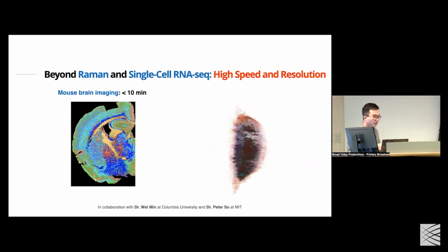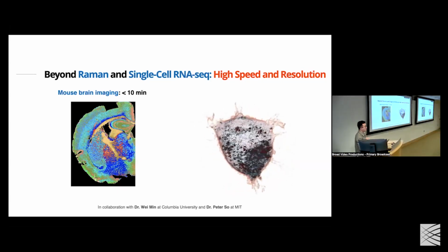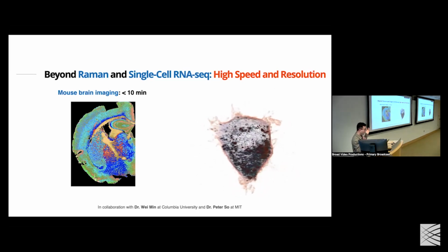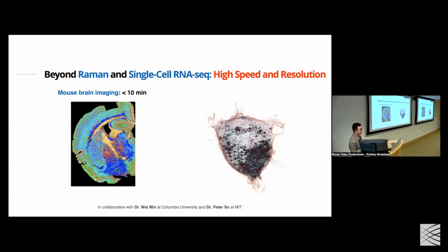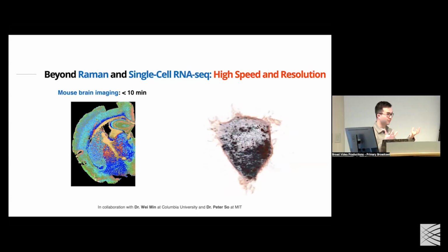We also wanted to really think about, which I will talk about in the next few slides, speed and resolution, and how you really think about the advantage of doing imaging. If it's super slow, then probably we just do sequencing. But I just wanted to highlight the advantage of some of these imaging methods that we're testing now. You can really, for the first time, do this at single-cell resolution at whole-organ level.